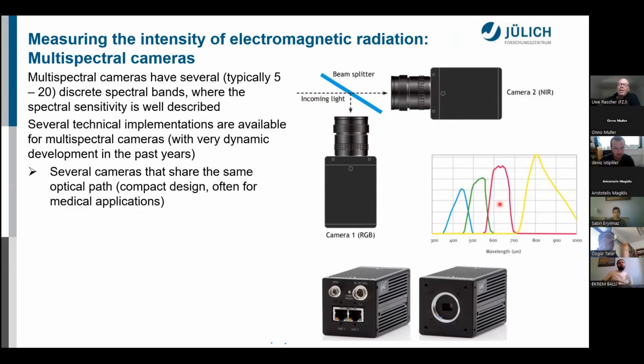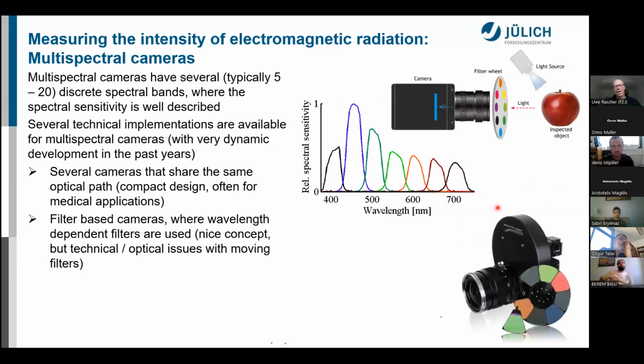By this, you already have 4 channels for measuring with just one camera, one lens. This is already a good system where you can, for example, separate the high reflectivity in the near infrared from the low reflectivity in the red. And parameters like NDVI can already be calculated in relative terms by such a camera.